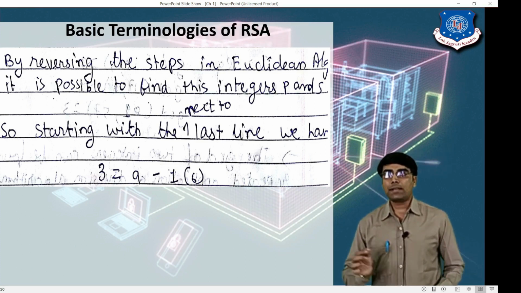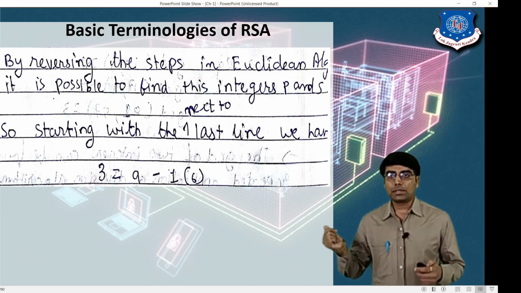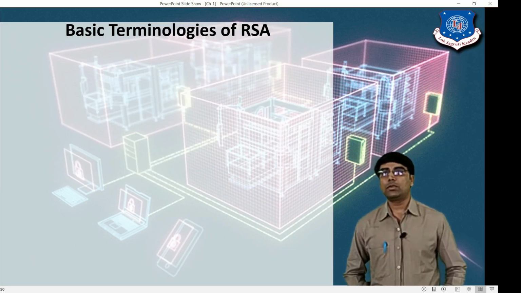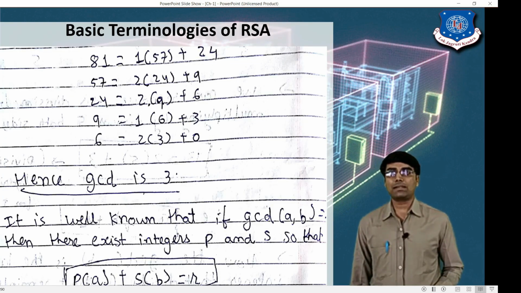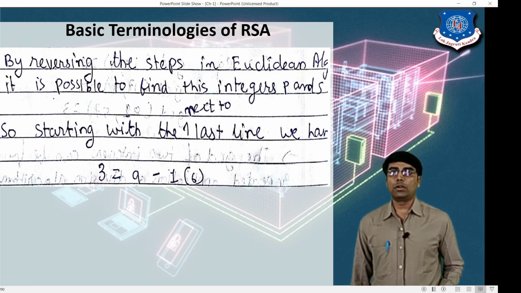Starting with the next to last line, we have 9 equals 1 times 6 plus 3. So 3 equals 9 minus 1 times 6.